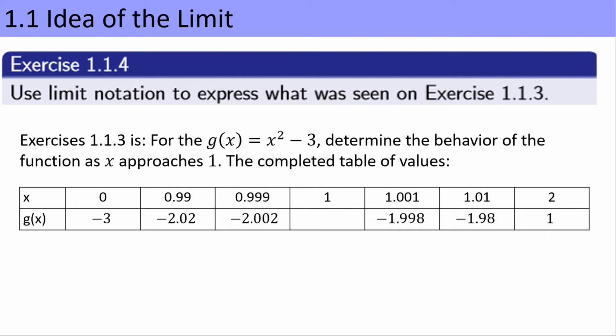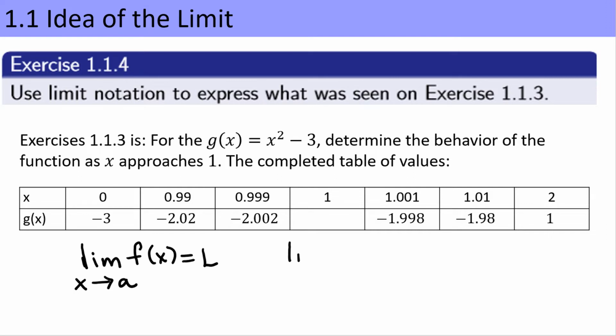Now let's consider the new notation. The format is the limit, and below that, as x approaches a, of f of x equals L. Now we need to express the limit of g of x using this notation.